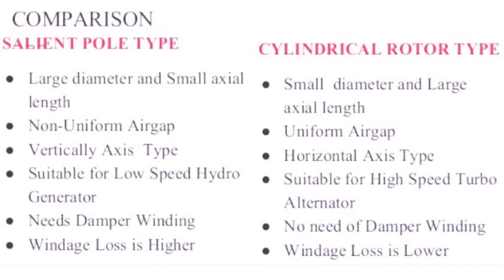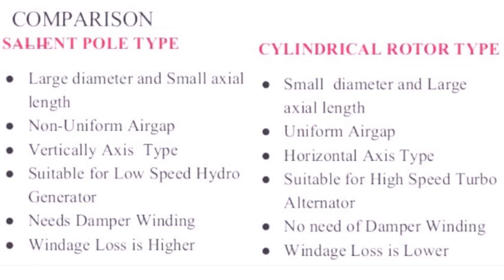The first difference is that the salient pole type has a large diameter and small axial length, but the cylindrical rotor type has a small diameter but large axial length, because in the salient pole rotor we set the poles in the rotor, but in the cylindrical type motor we do not preset the poles. So the diameter of the salient pole is larger and the cylindrical pole type synchronous motor is smaller.